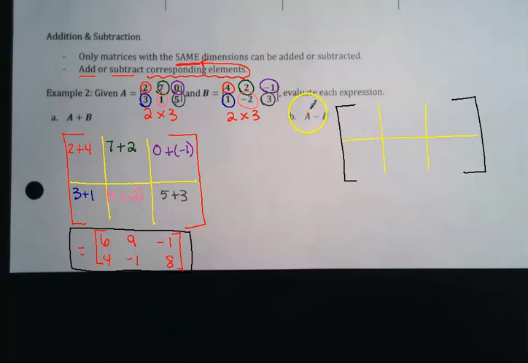Okay, if it was B minus A, we would have to write the 4 first and then the 2. But it's not. It's A minus B. So it's going to be 2 minus 4 in our first box. And then 1 over, it's going to be 7 minus 2. In our third one, 0 minus negative 1.